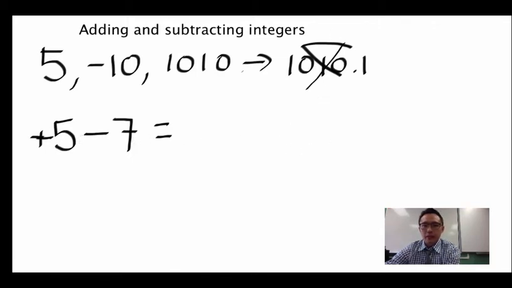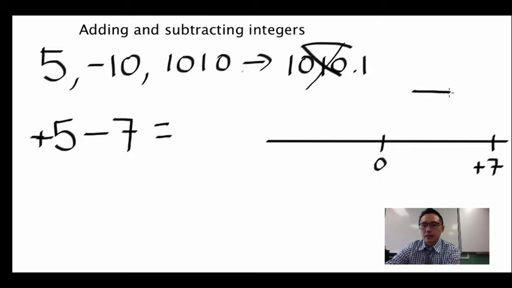If you think about a number line, we can draw one like this, with 0 in the middle, and let's say this is plus 7 on the right side, because the right side is always plus and the left side is negative. And if this is plus 7, we'll call somewhere here negative 7.